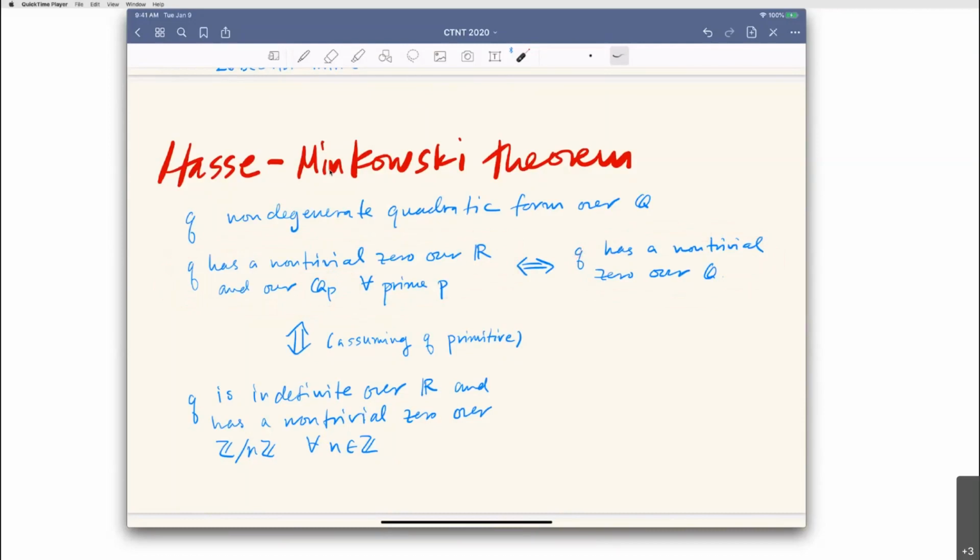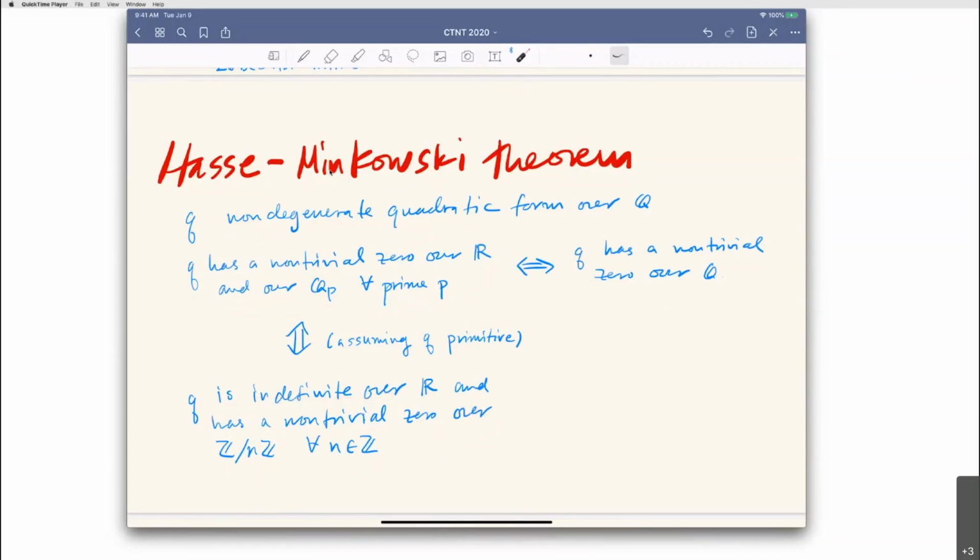One nice way, and the way in fact that Minkowski, who first proved this version of the theorem, stated it, is to assume that Q is primitive, so the coefficients of the quadratic form are all coprime. Then Q having a non-trivial zero locally is the same as Q being indefinite as a real quadratic form and having a non-trivial zero over Z modulo n for every n.